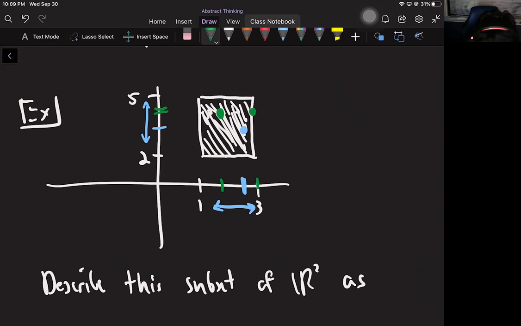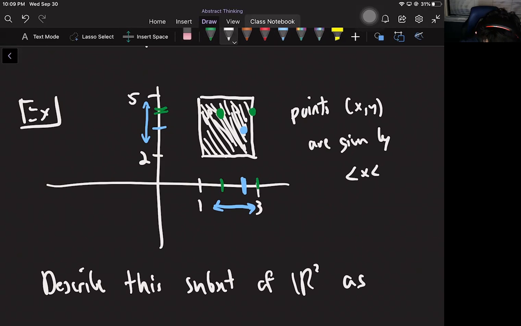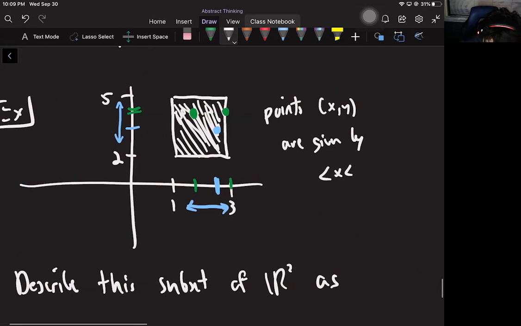So what this tells us is that the points, aka the ordered pairs, x comma y, are given by, well, we're going to have to use inequalities. So the x-coordinate, you can have any x-coordinate you want as long as it's between 1 and 3, and it could even be 3 and 1.